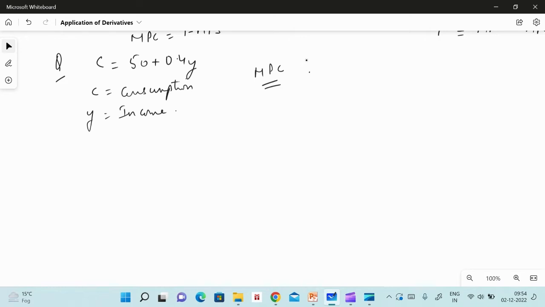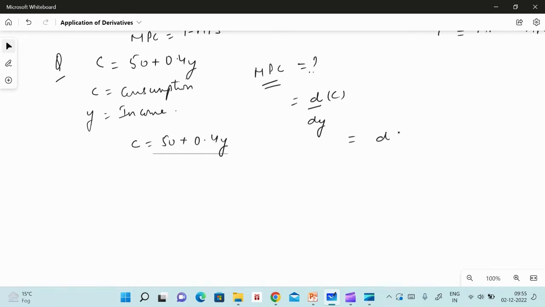We simply know that the formula for marginal propensity to consume is the derivative of C with respect to Y. Clear? And what is C here? It is given as 50 plus 0.4Y. So simply I will take the derivative of this value.